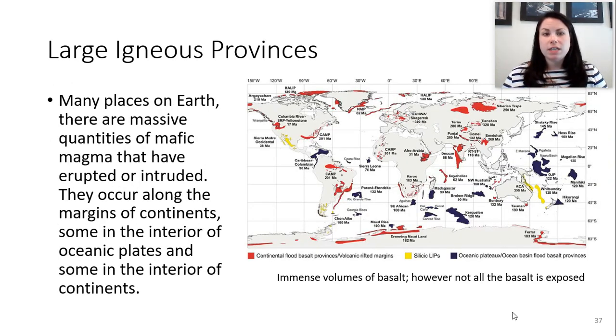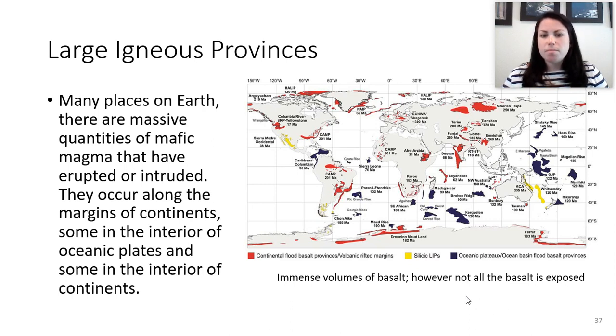Okay, so large igneous provinces, this might be something that you'd see in the book, a term, LIP. So in many places on Earth, there are massive quantities of mafic magma that have erupted or intruded, and they occur along the margins of continents, some on the interior of oceanic plates and some on the interior of continents.